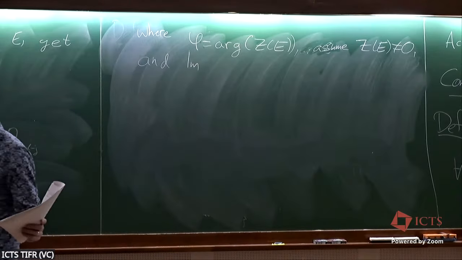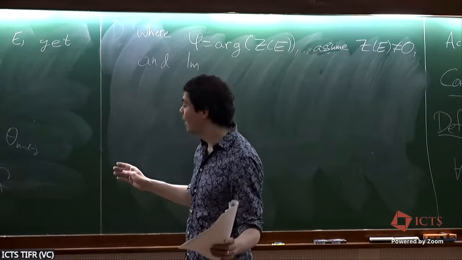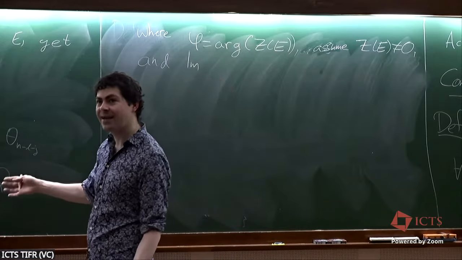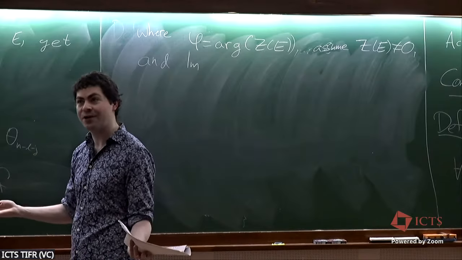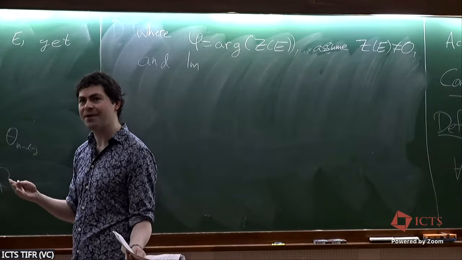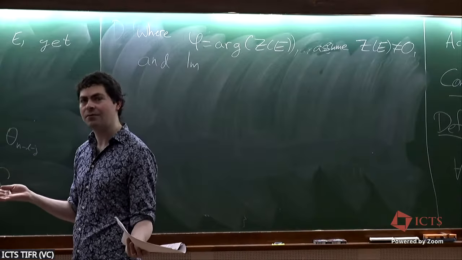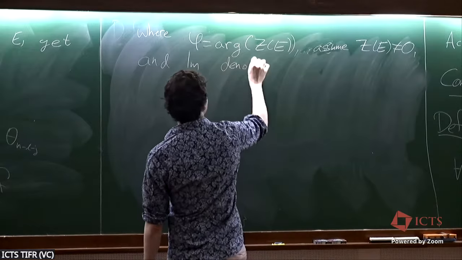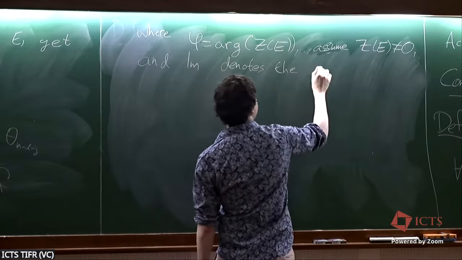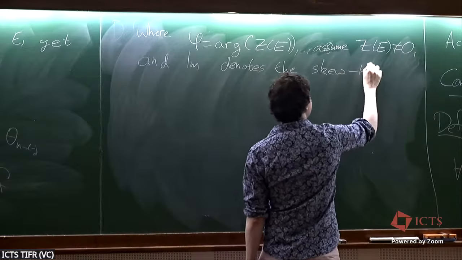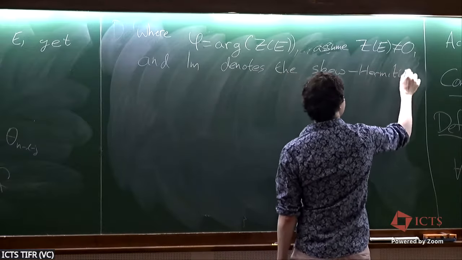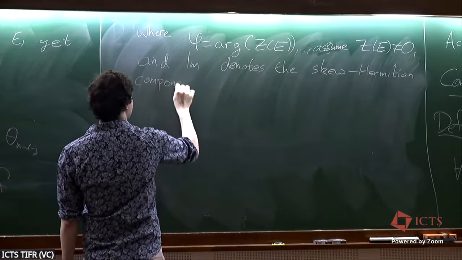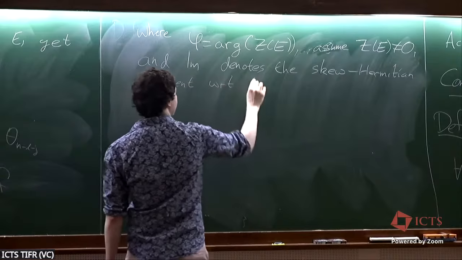I'm not going to touch the (n,n) form component, really. I'm going to say that imaginary means use the Hermitian metric to write this thing as a sum of skew Hermitian and Hermitian. If we did that for complex numbers, that would be imaginary and real, and we just take the skew Hermitian component. So this denotes the skew Hermitian component with respect to H.